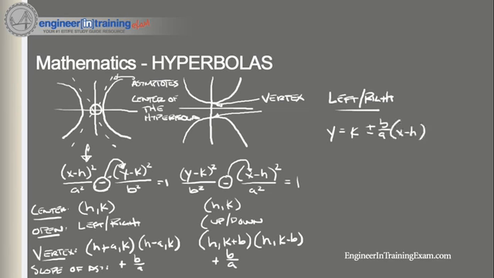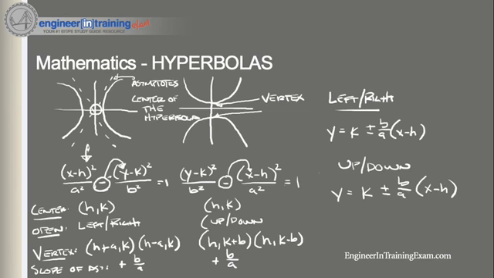Now the equation for the one that opens up and down is going to be y is equal to k plus or minus b divided by a, x minus h.